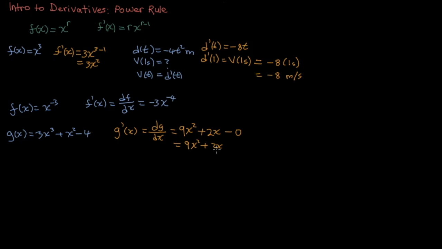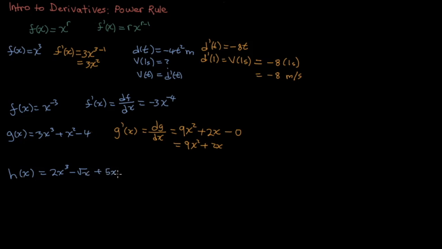Pretty straightforward there. Okay. Let's do one more example. So let's say we're given this function here, h at x is equal to 2x cubed minus the square root of x plus 5x.